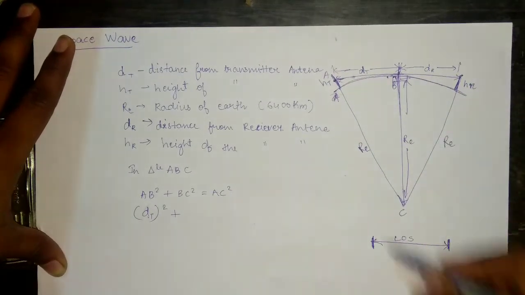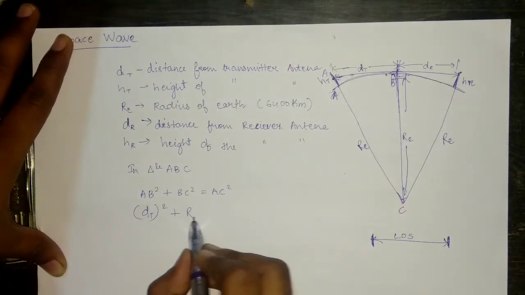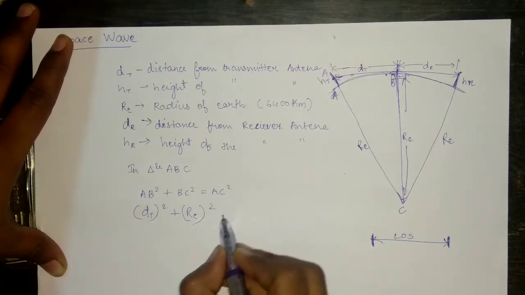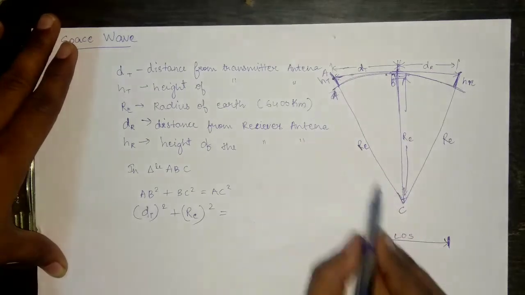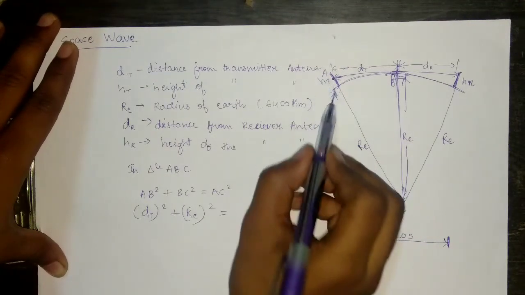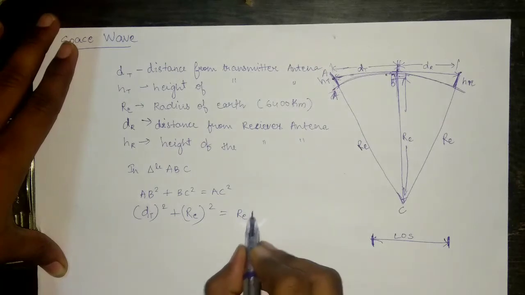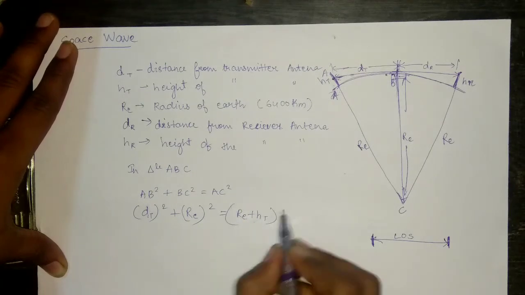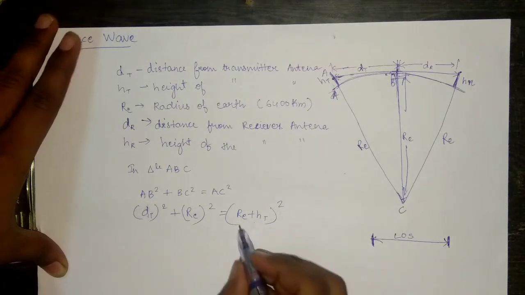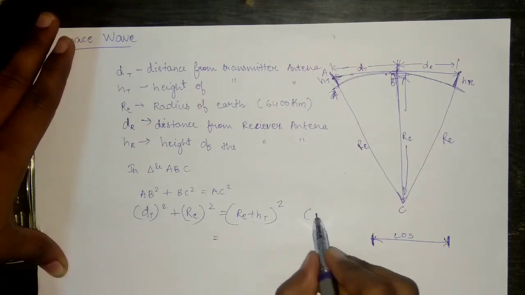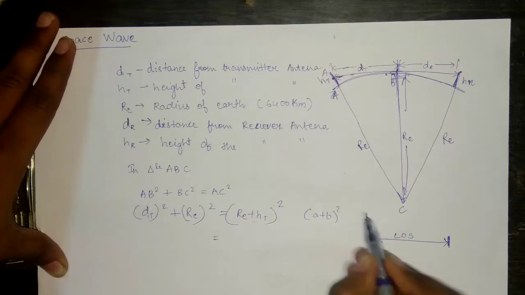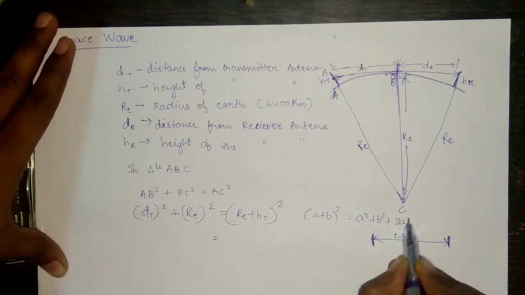Your BC is the radius of Earth, that is RE square, and your AC is the radius of Earth plus the height of the antenna. So that is RE plus HT the whole square. Now here you can apply A plus B whole square, that is A square plus B square plus 2AB.